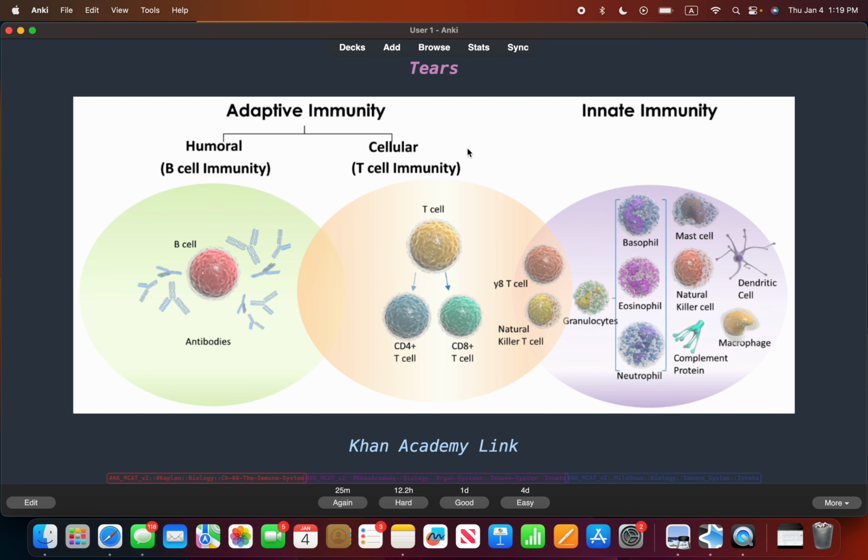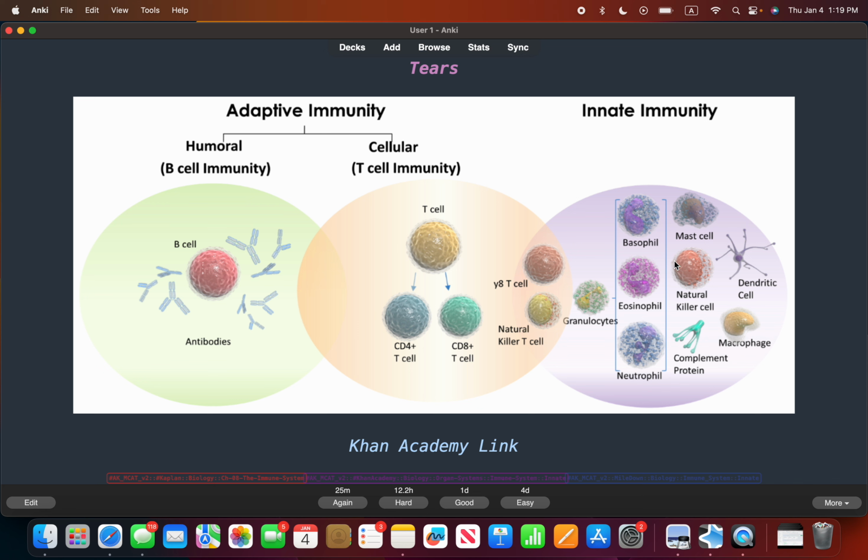Now, as you can see, the right side here is innate immunity. The only two cells that are shared between innate immunity and adaptive immunity are the Y8 T cell and the natural killer T cell.